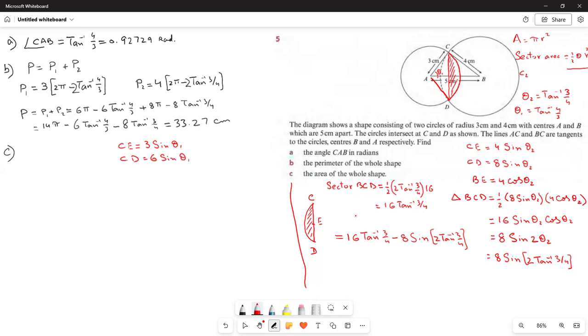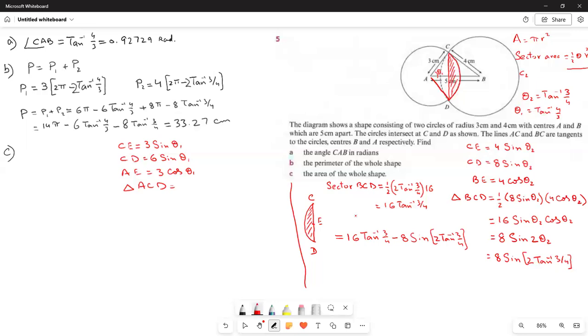Okay, and AE is 3 times cosine of theta 1. So now I'm ready to calculate the area of triangle ACD.